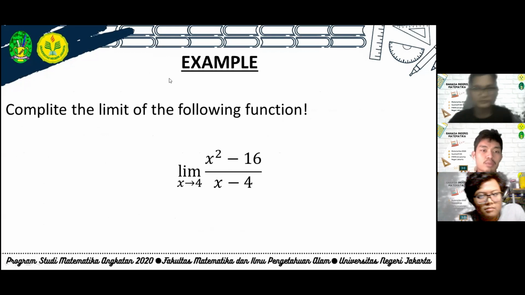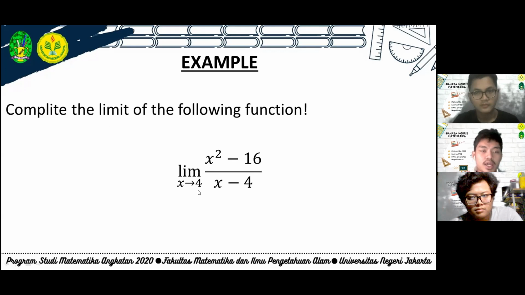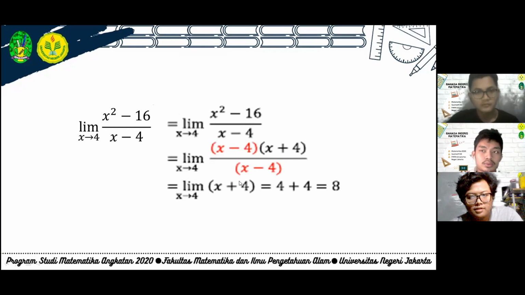For example, compute the limit of the following function: limit as x approaches 4 of (x to the power of 2 minus 16) divided by (x minus 4). In this question, we use the method of factorization.